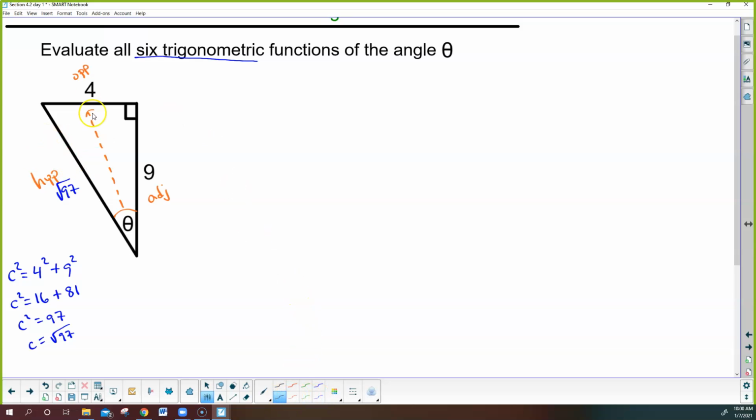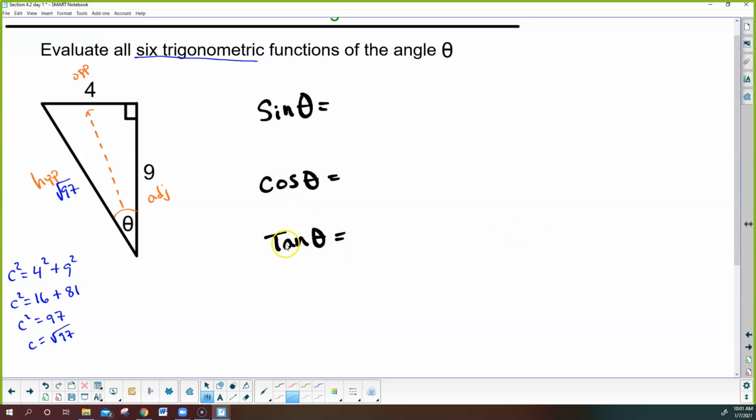Okay, so now that we know all sides, here's how I do it, and I strongly recommend doing this if you have all 6 trig functions. I always write it in the same order. SOHCAHTOA. Oops, to the tangent, not TOA. So I write those first, and then I'm going to write their reciprocals right over here.